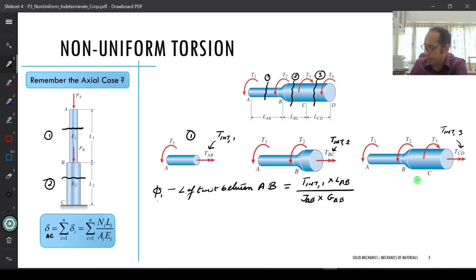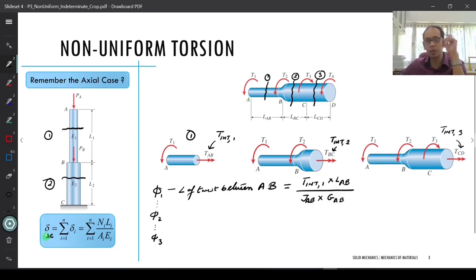Similarly, you can calculate phi of 2, which is for the section B to C, then phi of 3, which is for the section C to D over here. So what is going to be my total phi? Remember, total phi is the total angle of twist from one extreme to the other.